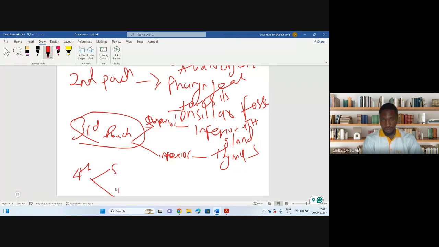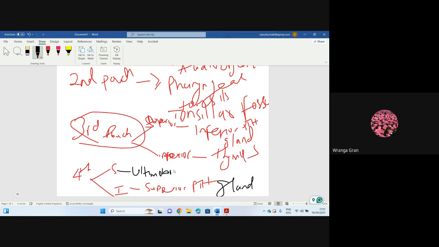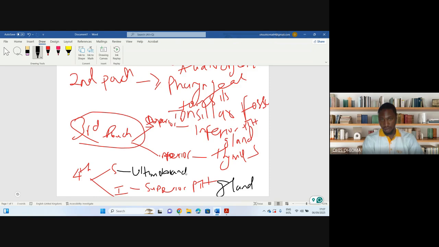The inferior gives rise to the superior parathyroid gland, superior PTH gland, and the superior gives rise to what we call the ultimobranchial body.